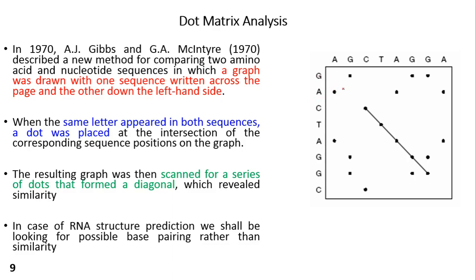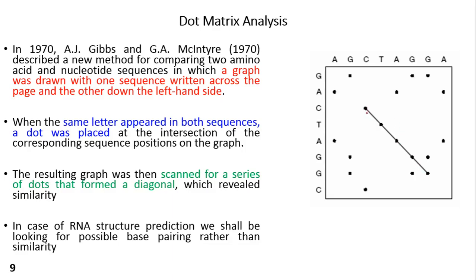We can extend this concept of dot matrix analysis for predicting the secondary structure of RNA. In case of RNA structure prediction, we shall be looking for base pairing rather than similarity. So in our case of secondary structure prediction, we can modify this method and place a dot wherever there is base pairing.